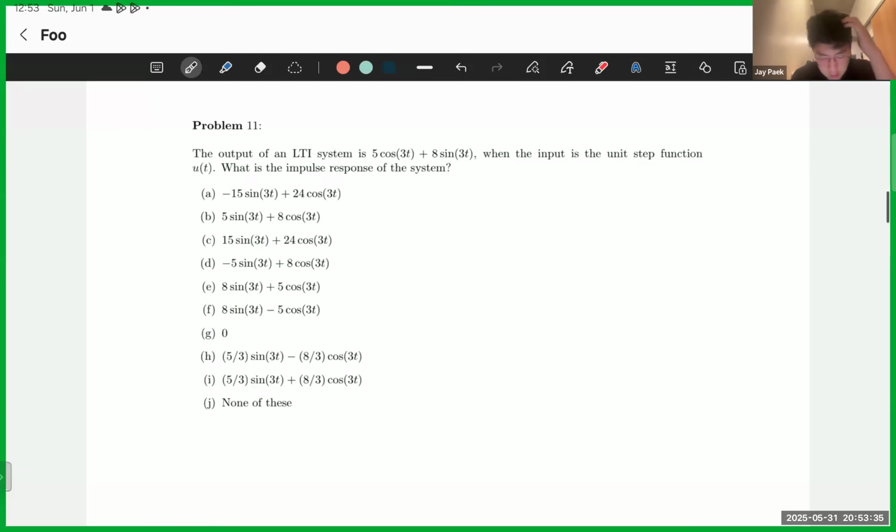Number 11, the output of an LTI system is as follows. When the input is a unit step function u of t, what is the impulse response of the system? What a great question.